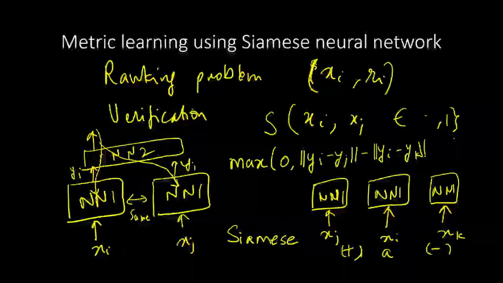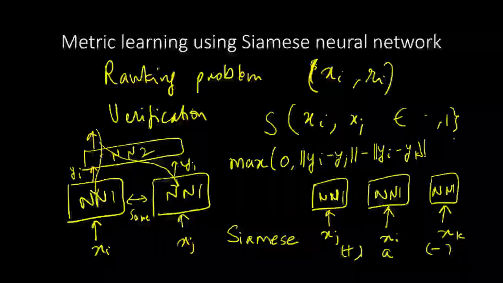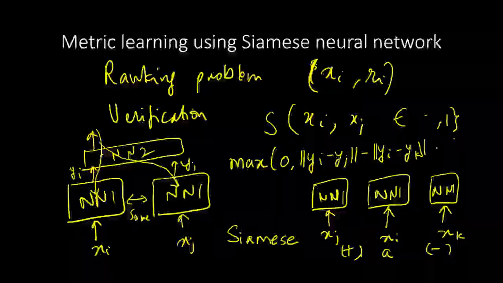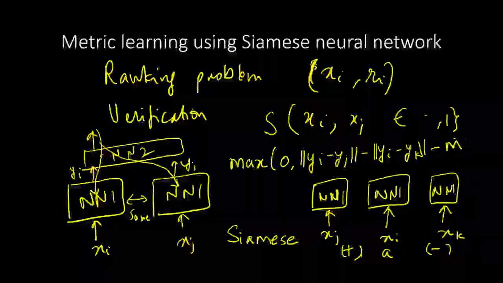Then, just so that not all yi's collapse to 0, that's a trivial solution in which no one will have a loss, we will have to add a margin here. The margin is that it should be farther than a particular margin from this. So we will subtract that margin, or let's just call it delta, which is a hyperparameter greater than 0. And then we will sum this over all triplets.